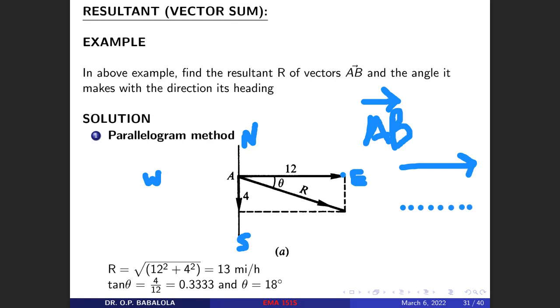Do you agree? Okay. And then AS is also going to have a parallel line. So it's parallel to this side. Okay?